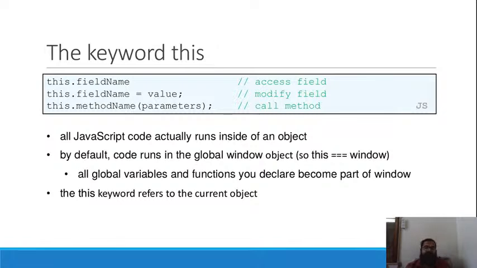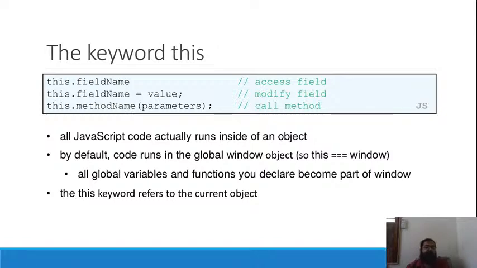It would be a namespace. So you can access this window by using the this pointer. All global variables and functions you declare become part of the window, and the this keyword refers to the current object.